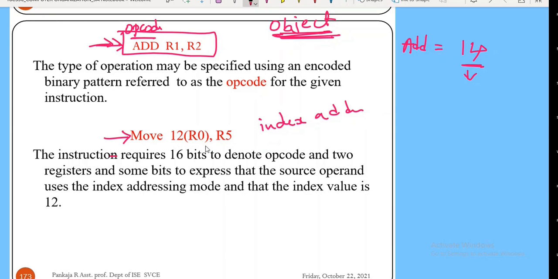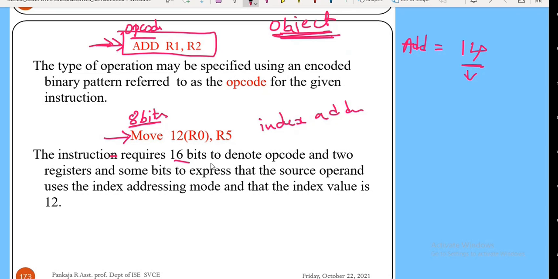So it requires more bits compared to the previous instruction. In that case, how is it going to be encoded? Normally the opcode requires 8 bits, and the remaining bits are used to represent the operands.